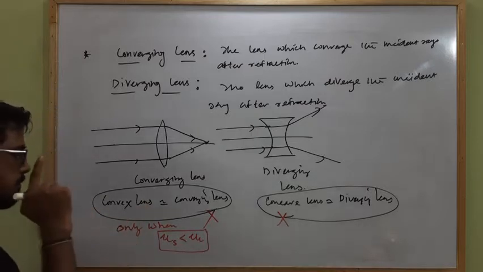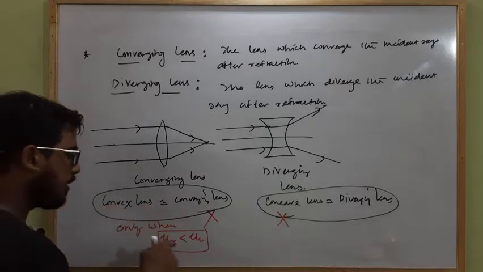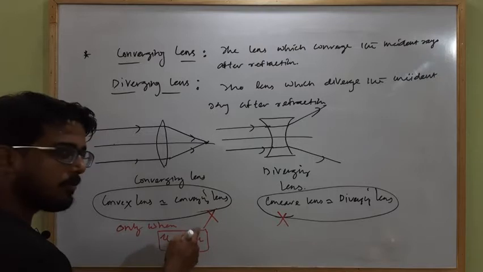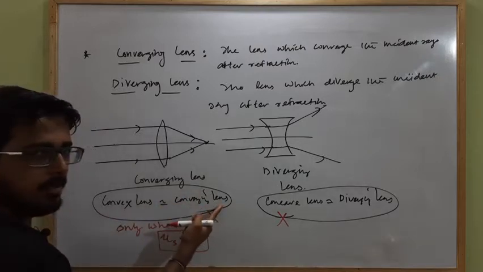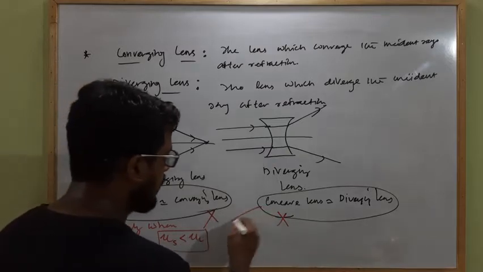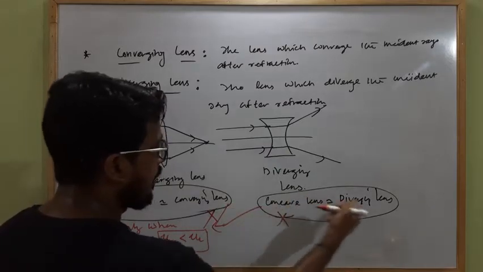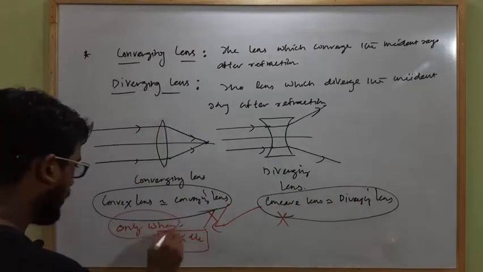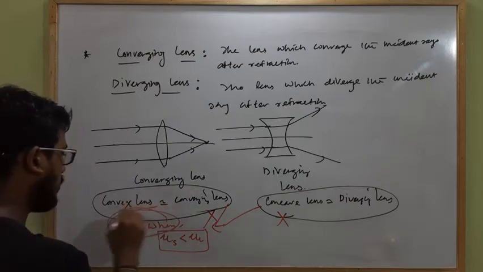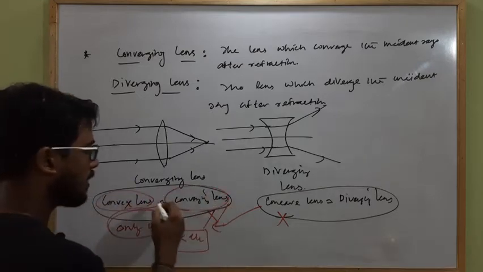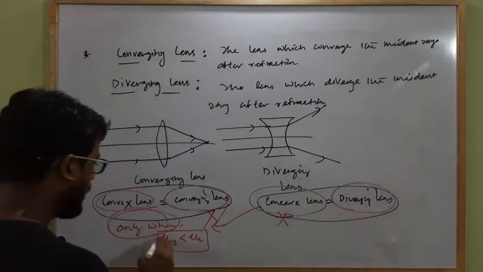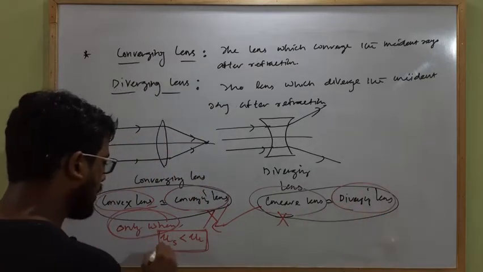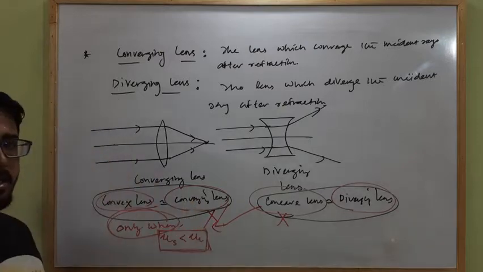Only when the refractive index of the surrounding is less than that of the lens, a convex lens can be a converging lens and a concave lens can be a diverging lens. You have to remember that these two cases, a convex lens can behave as a converging lens and a concave lens can behave as a diverging lens, only when the refractive index of the surrounding medium is less than that of the lens medium.